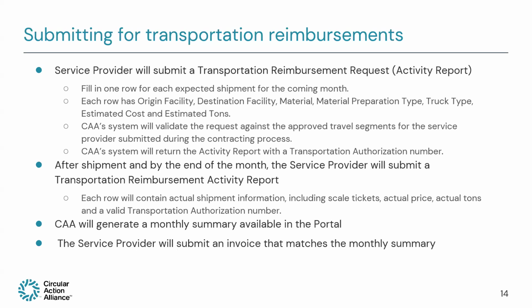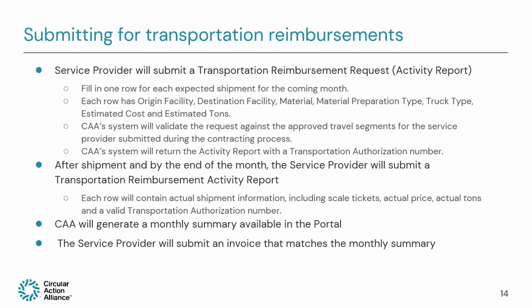You probably will know about how many shipments you'd be requesting transportation reimbursement for in the upcoming month. Each shipment will be one row, and you can bulk upload those. So you can fill out 10 rows if you know you're going to be doing 10 shipments, with each origin, destination facility, material preparation type, and truck type, along with the estimated cost and estimated tons of that material.